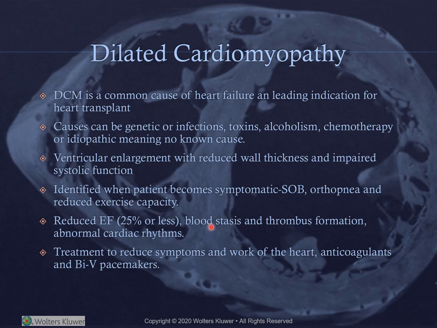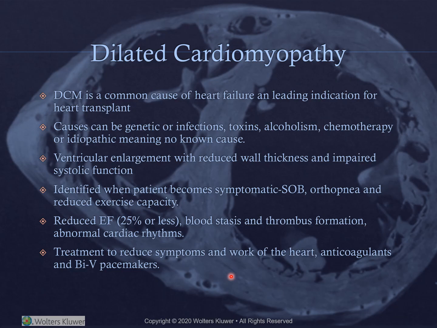We bring them in and look at their heart structurally, usually with an echocardiogram, and we notice what we call a reduced EF, or ejection fraction. An ejection fraction is the percentage of blood that the heart ejects with each contraction. A normal ejection fraction is about 50 to 60%. And so when we think about a reduced ejection fraction, it's 25% or less is what we consider reduced.